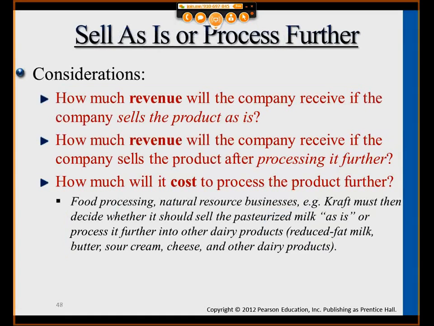So let's go back to our sheets. Another decision that we need to make is whether we're going to sell a product at some point of the process of production, or are we going to process it further? Do you understand why you would, somewhere in the middle of production, sell some items?